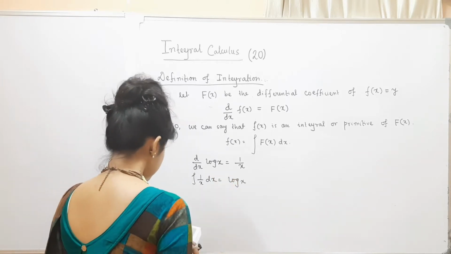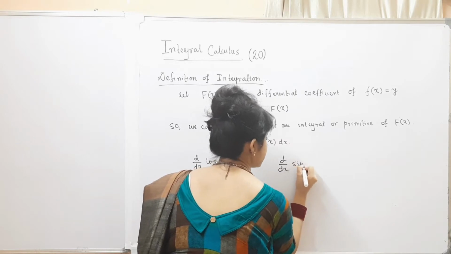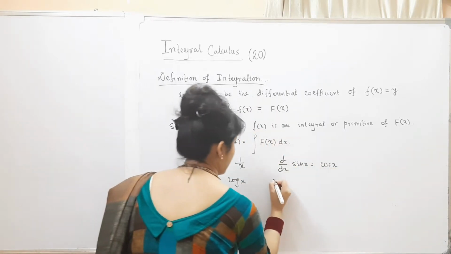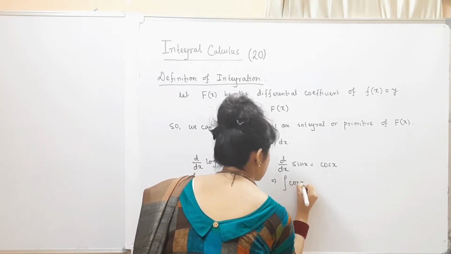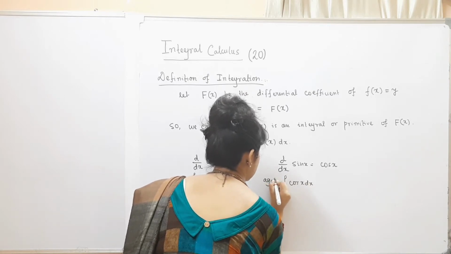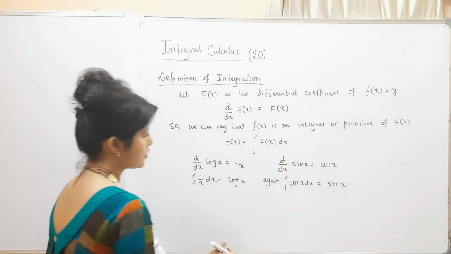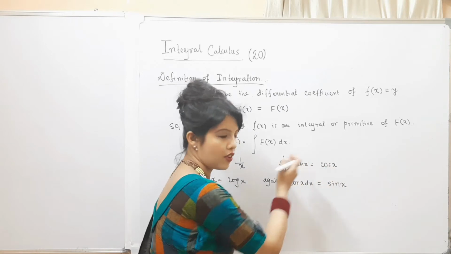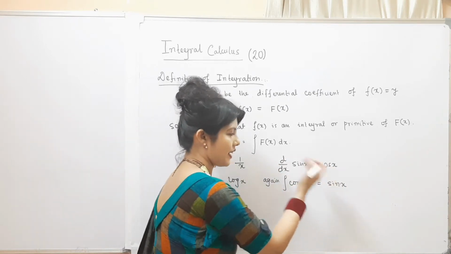Similarly, d/dx of sin x is cos x, you all know that. Again integration of cos x dx is sin x. So if you differentiate sin x you get cos x, and if you integrate cos x you get sin x.